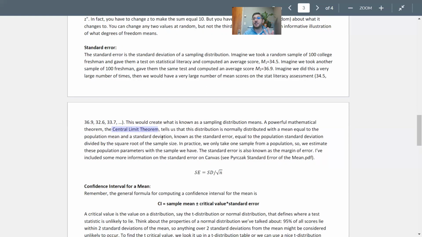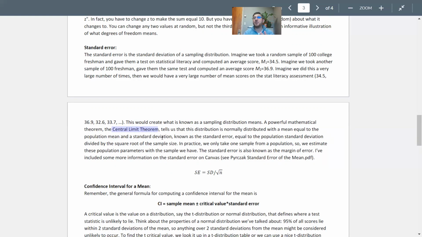So the sampling distribution of means, a distribution of different sample means, according to the central limit theorem, will be normally distributed. The mean of that distribution of means would equal the population mean, and the standard deviation of that sampling distribution, which we call the standard error, is equal to the population standard deviation divided by the square root of the sample size.